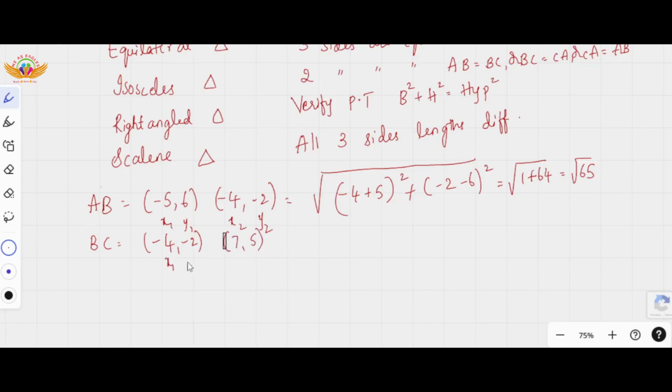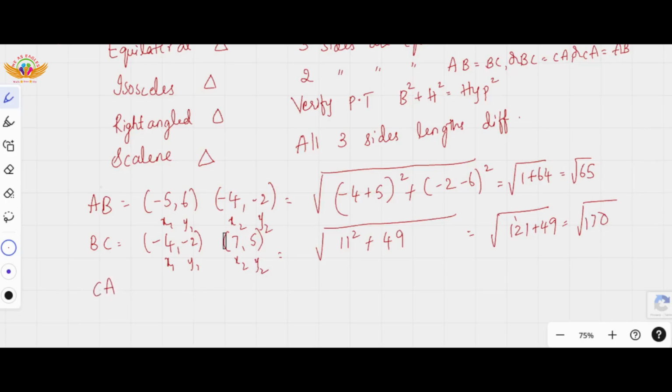So this will be our x1 y1 and x2 y2, and let us solve the distance formula directly. 7 minus of minus 4, 7 plus 4, I'm directly writing. 7 plus 4 becomes 11 square plus 5 plus 2 square, 7 square 49. 11 square is root of 121 plus 49. That is equal to root 170.